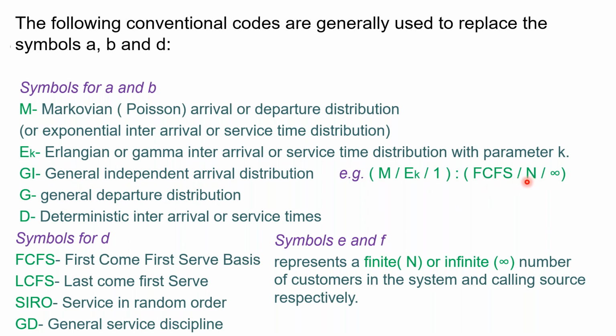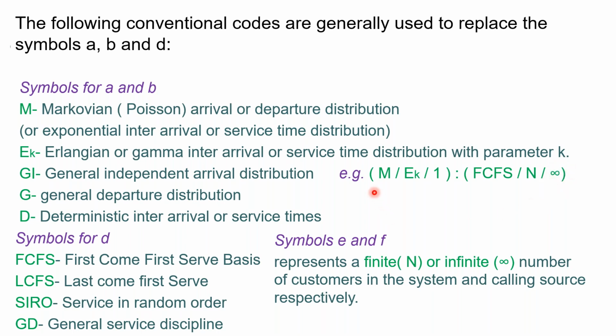Then this particular N represents a finite number of customers. This represents there is a limited number of customers in the system, and the infinity symbol at the last represents that the calling source has an infinite number of customers, or your population is infinite.